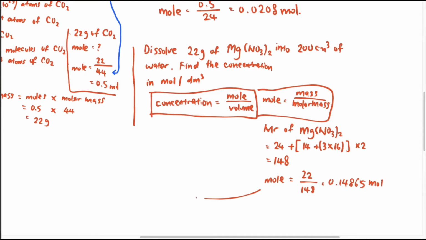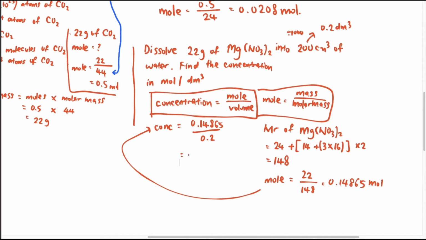Now we continue here. The concentration is equal to the mole, 0.14865, divided by the volume in dm cube. So you change this to dm cube, divide by 1000, then you get 0.2 dm cubed. So we have to divide by the volume, 0.2.